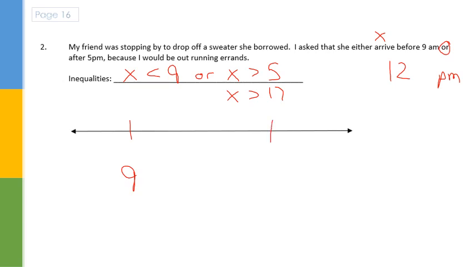I'm going to have my 9. I'm going to have my 17. Again, this is an or, so we're putting them both down no matter what. So open and shaded to the left is how I would graph this. This X is less than 9. And then again, don't use 5, use 17. That's military time. It's going to be open and shaded to the right for that. Again, when we see this, it's classic or going two different directions. Ors don't have to go this way, but this is kind of what we usually think of.